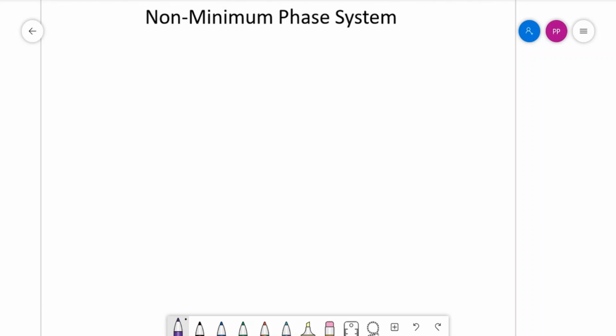This system has stable poles but unstable zeros and exhibits non-minimum phase dynamics. So let me define it first.